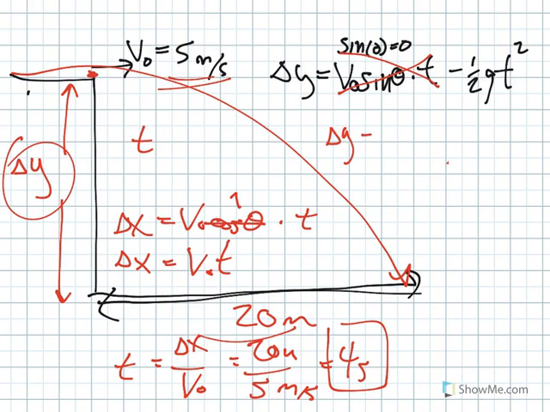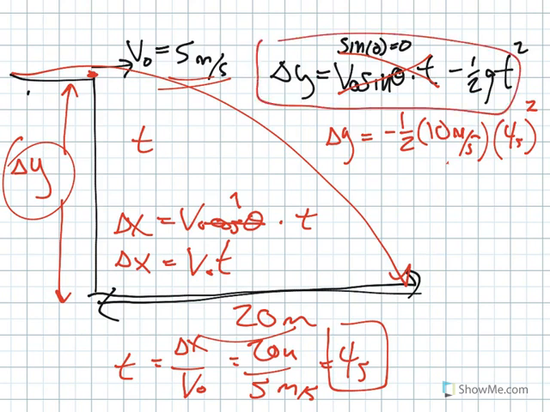So delta y is equal to minus 1/2 times 10 meters per second squared times 4 seconds squared. And the minus sign, again, is with the understanding that down is the negative direction. It can be negative, it can be positive, so the fact that we end up with a negative displacement is fine.